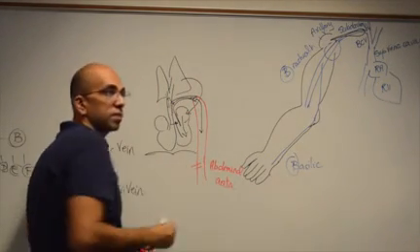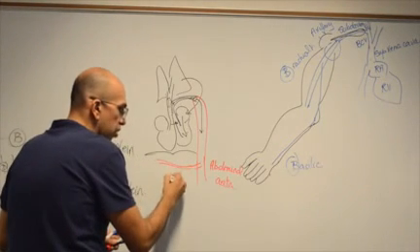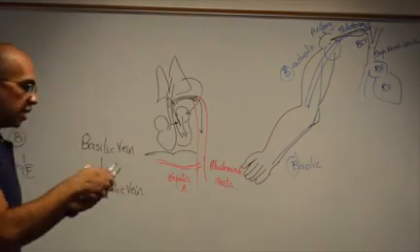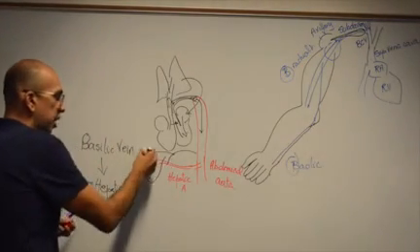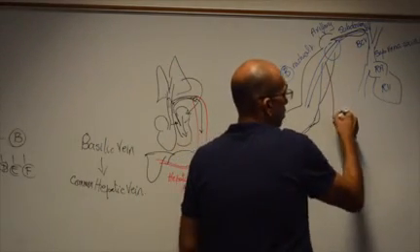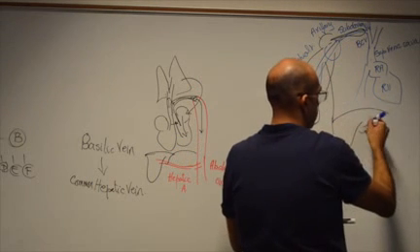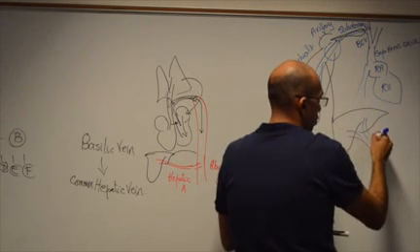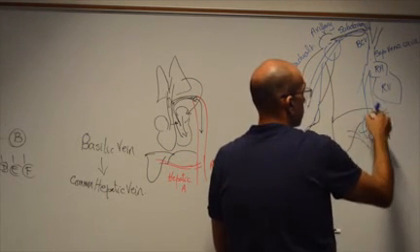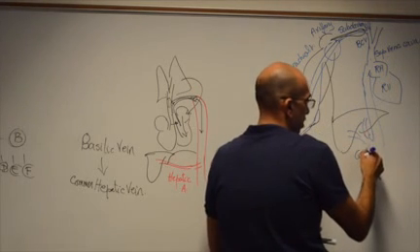From the celiac trunk, I will supply the liver through the hepatic artery. And then from the liver, I will be drained into my common hepatic vein to get the blood down to my inferior vena cava. So this is my destination here, the common hepatic vein.